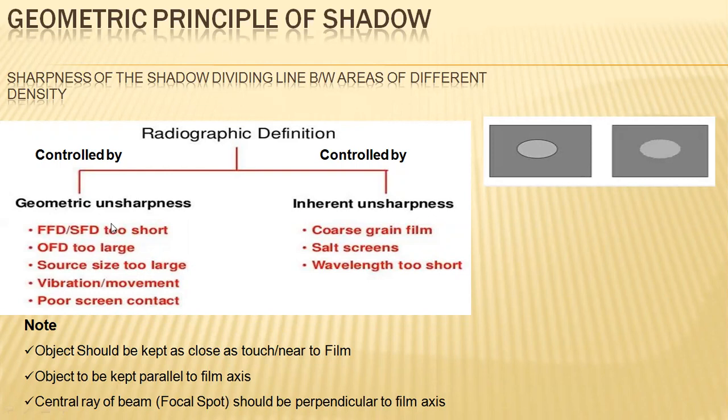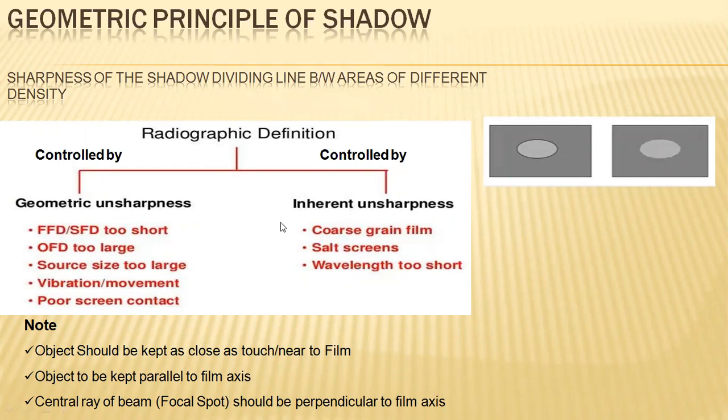In the case of geometrical unsharpness, the FFD or SFD, the focal feed dimensions, should be very short, while the operating detector is very large, and the source size is also very large. So source size and vibration of its movements and its amplitudes will determine the results in the case of geometrical unsharpness.